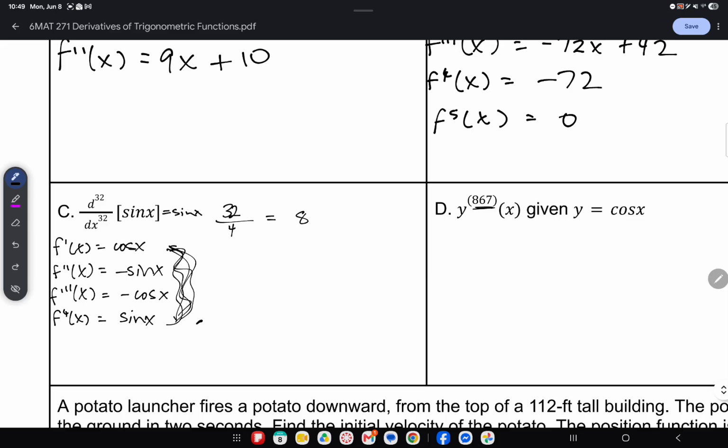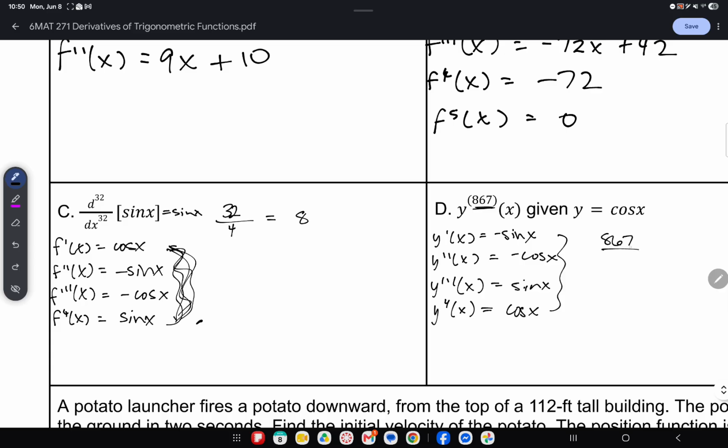Let's do one for an odd one, right? So let's do the first derivative, and that's negative sine of x. I'll do a second derivative, and that's going to give me negative cosine of x. A third one will give sine of x, and a fourth one, and I'm using f, and I should be using y since it gave me y of x, is going to give me cosine. So now we have the same pattern of 4, right?